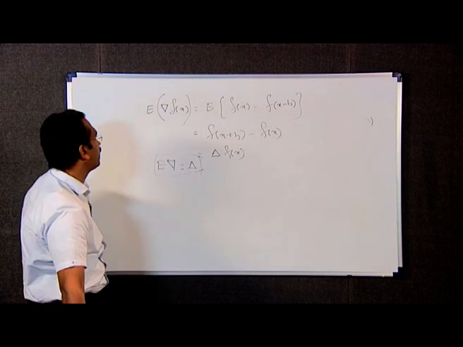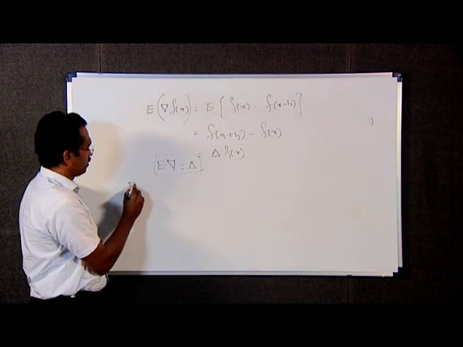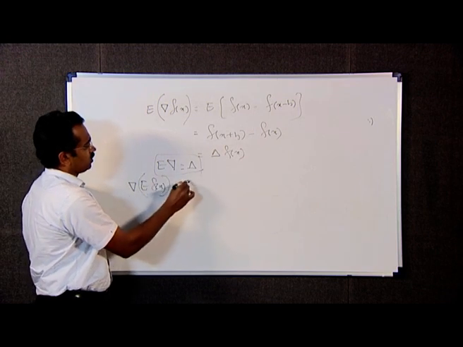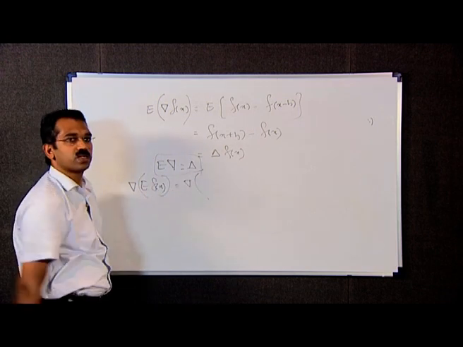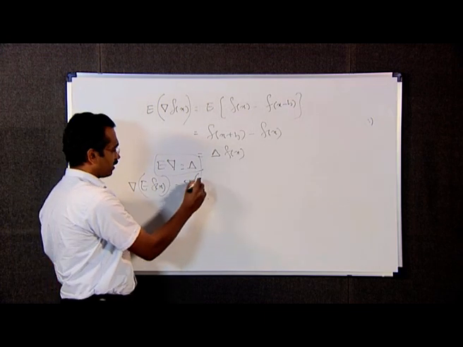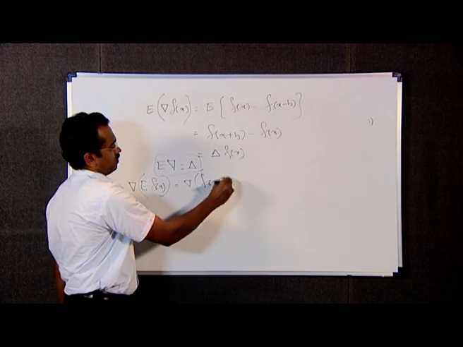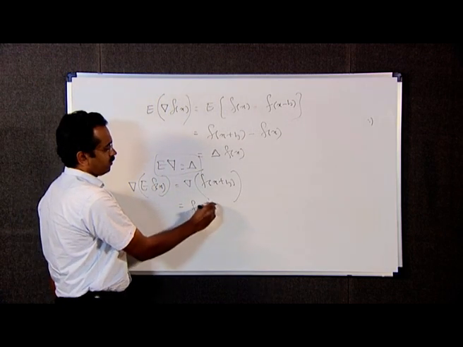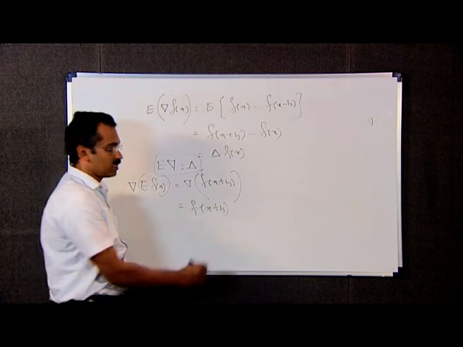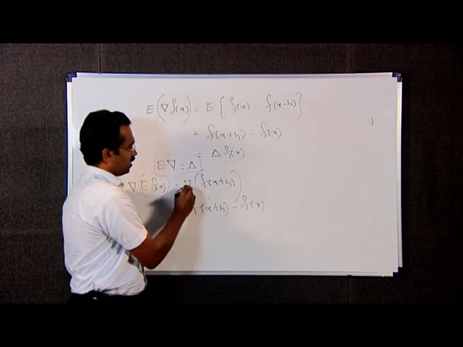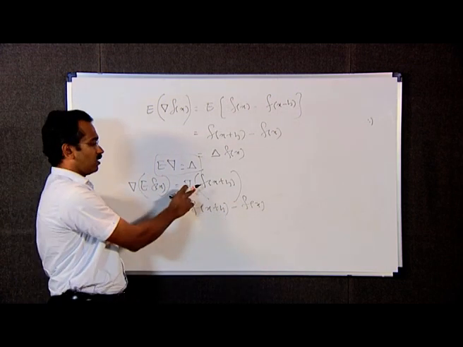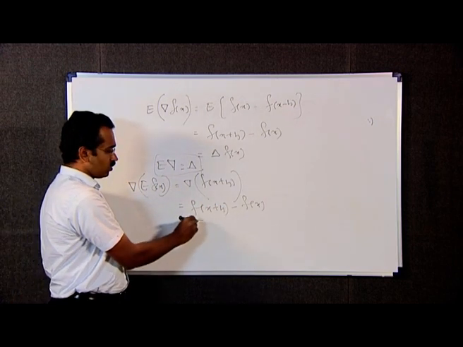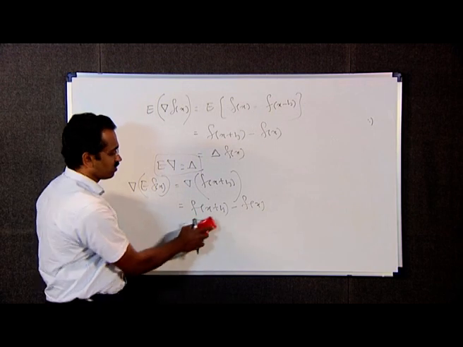and del E f of x, that is equal to del, by definition E f of x is f of x plus h, that is equal to f of x plus h minus f of x. By definition of del, this is f of x plus h minus f of x, which is equal to delta f of x.